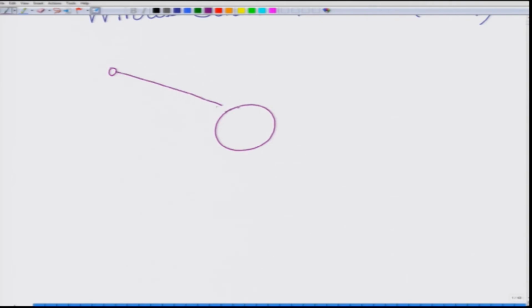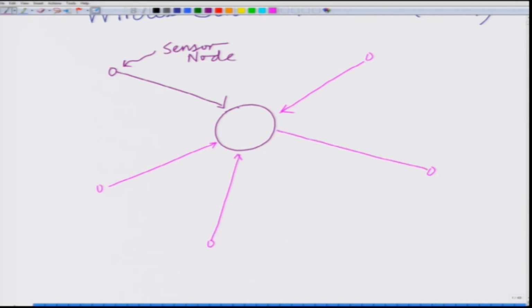This is a sensor node, but typically we do not have a single sensor node, but rather several sensor nodes sending their measurements to a fusion center, which is also known as a cluster head.